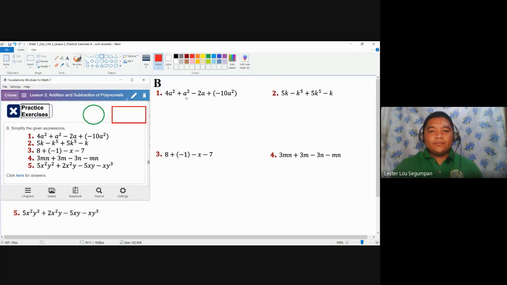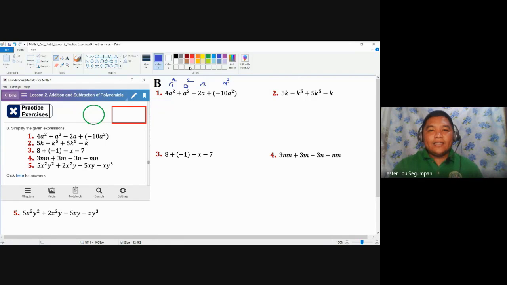Number one, you have here, again, likeness or unlikeness of terms will only be determined by the literal coefficients. So let's identify the literal coefficients first. For the first term in number one, it's a squared. For the second term, it's also a squared. For the third term, it's a, and for the fourth term, it's a squared.